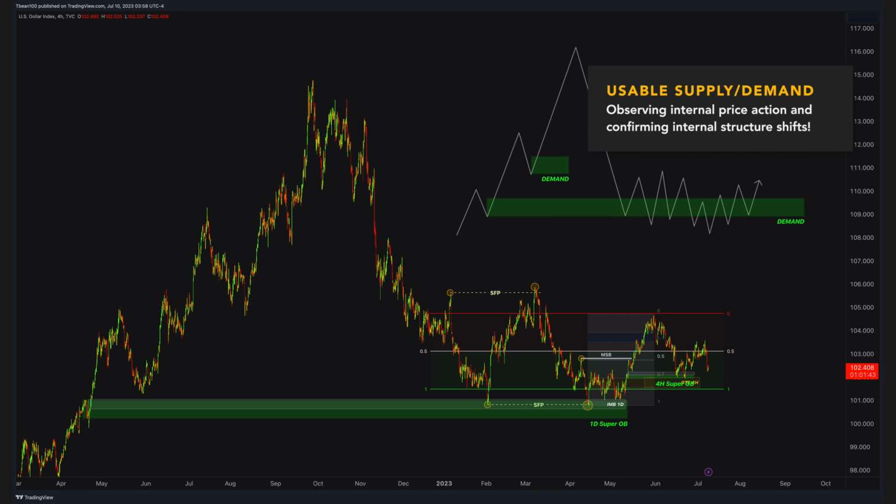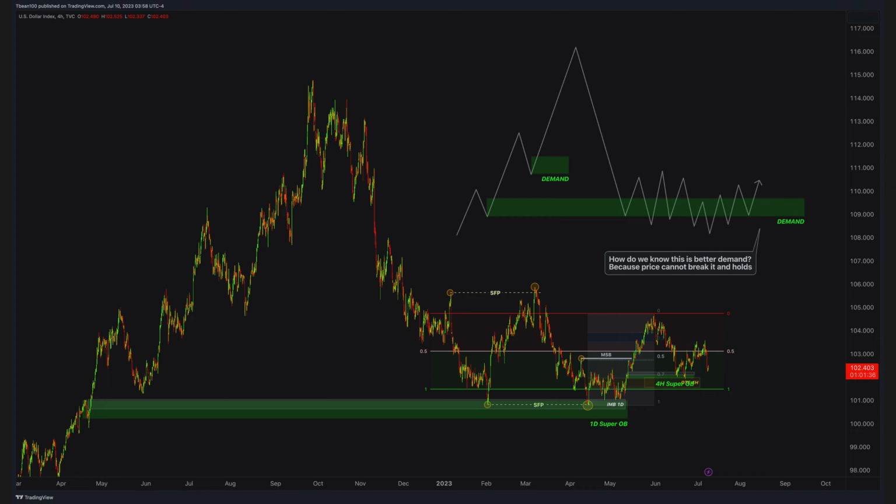But we have like a billion demand areas, as you can see. How do we know which ones are more useful? We will wait and check the reactions. Is it holding the price? Does it create internal structure shifts? Are the impulses powerful? We have to observe it closely.